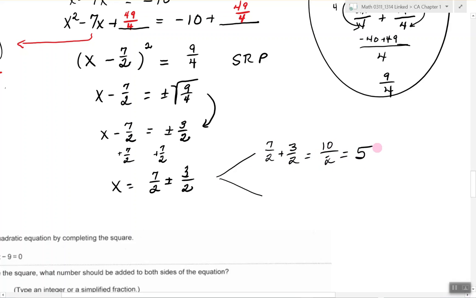There's an answer. 7 over 2 minus 3 over 2 gives me 4 over 2, which is 2. So my second response is to give the solution set 5, 2. All right.